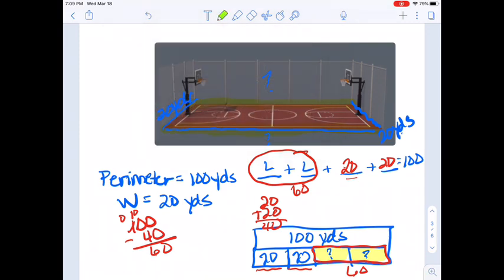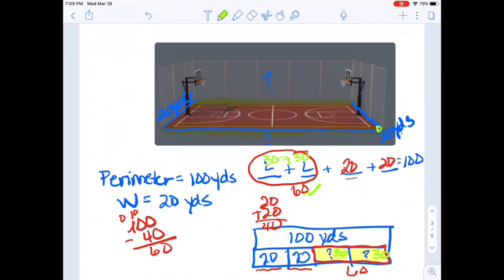So let's try this out. If I said that this part was 30 and this part was 30, or I could put them here in our equation, 30 and 30. First of all, do 30 plus 30 equal 60? They do. So let's add this whole thing up and make sure it's right.